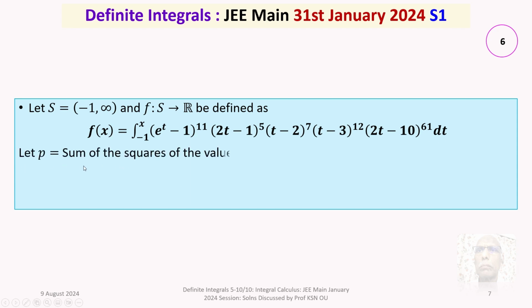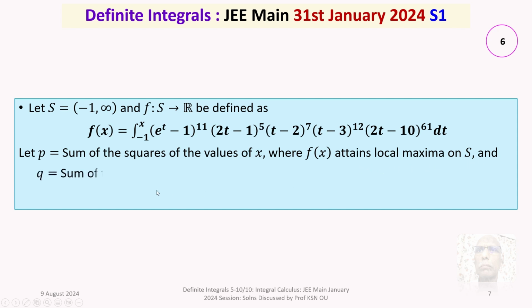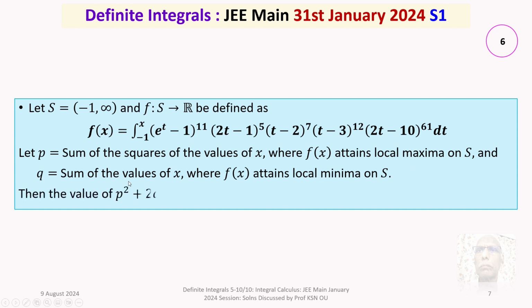Let P be the sum of the squares of the values of x where f of x attains local maxima on S, and Q is the sum of the values of x where f of x attains local minima on S. We are required to find the value of P square plus 2Q.